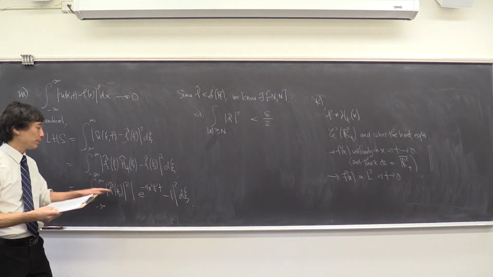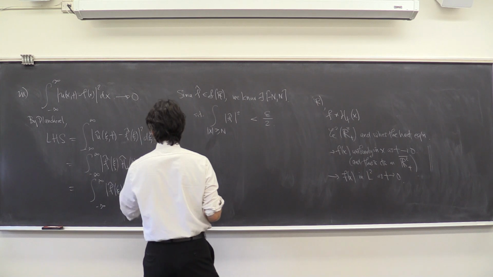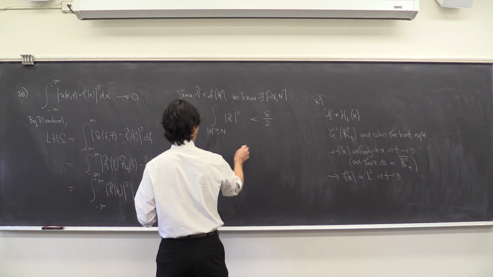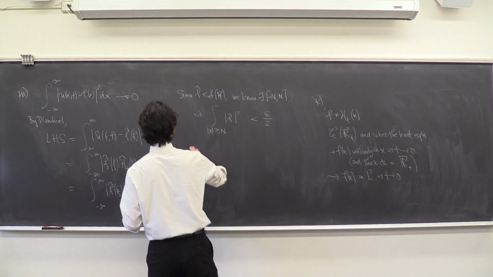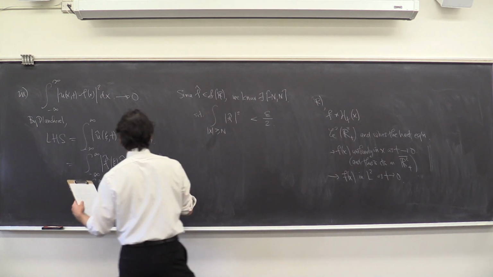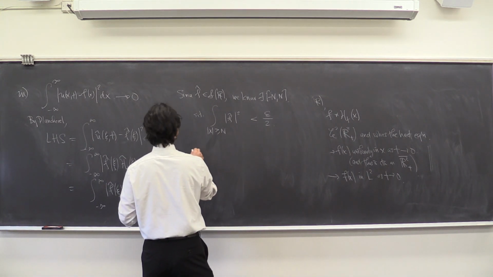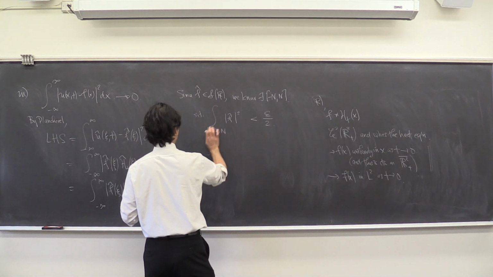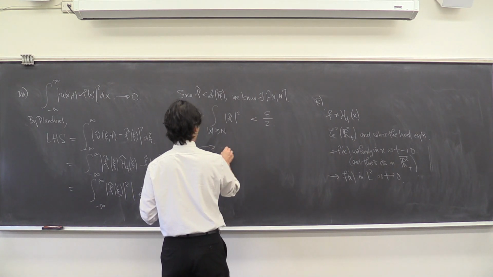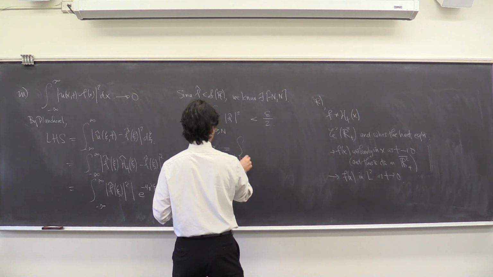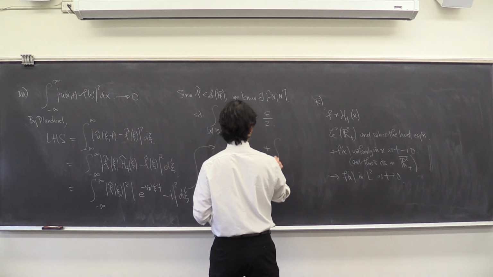And then you split this thing into 2 parts, so this thing is controlled. This is going to be equal to the integral outside plus the integral inside.